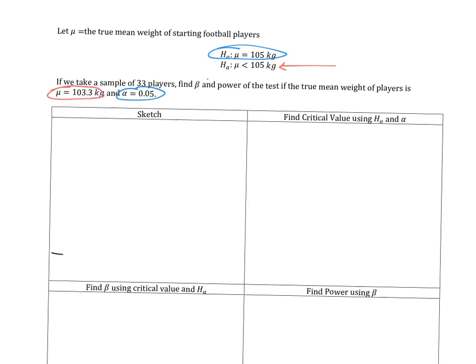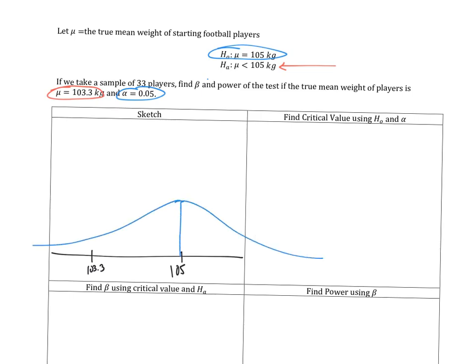So let's draw our curve, one at 103.3, one at 105. That null curve is at 105. And the alternate curve is at 103.3.